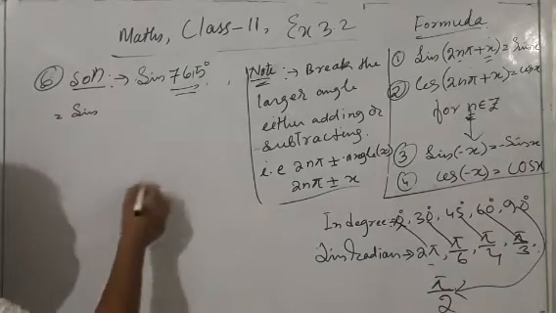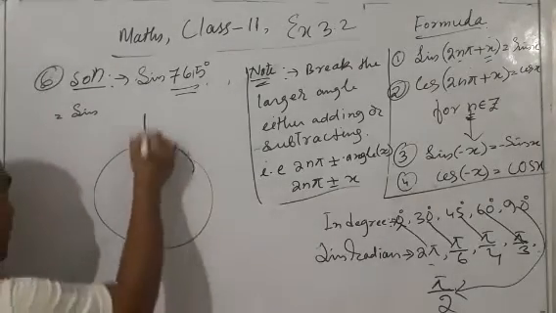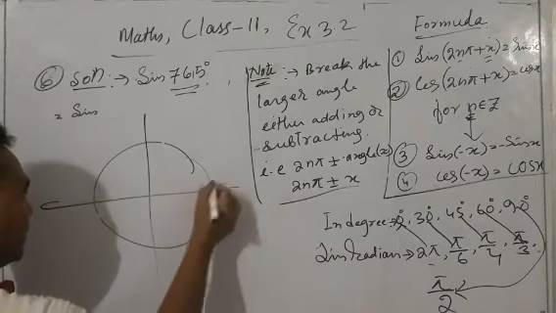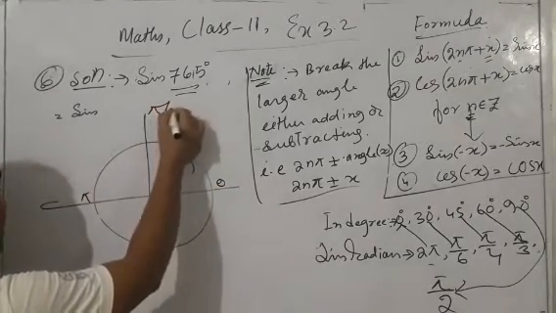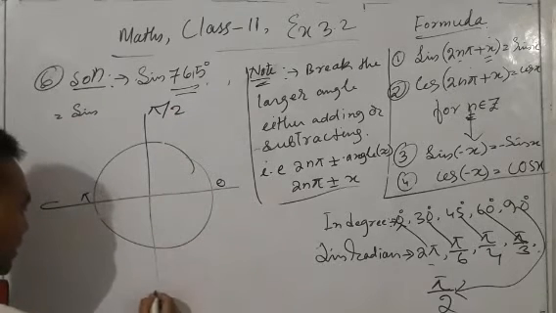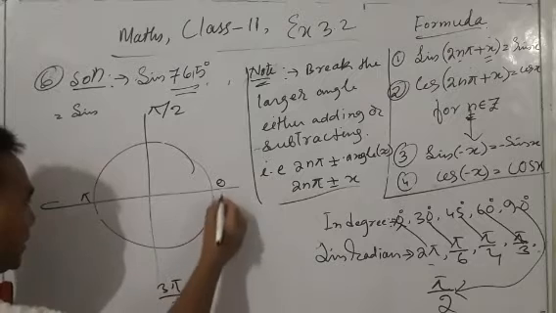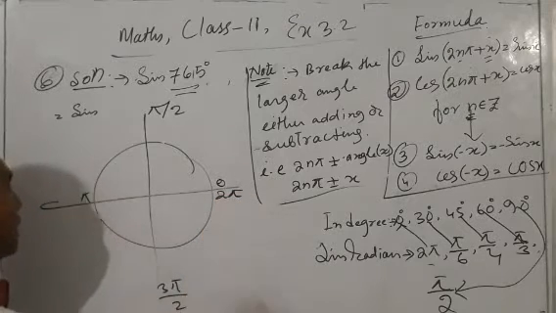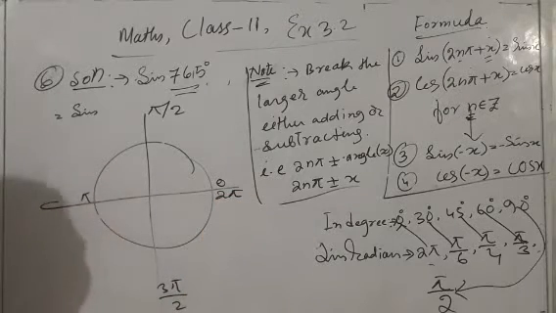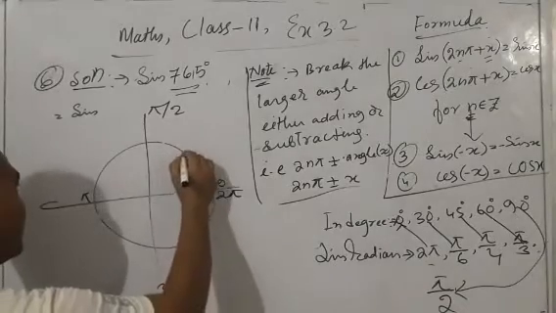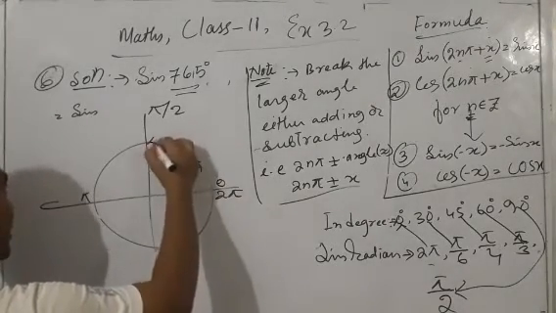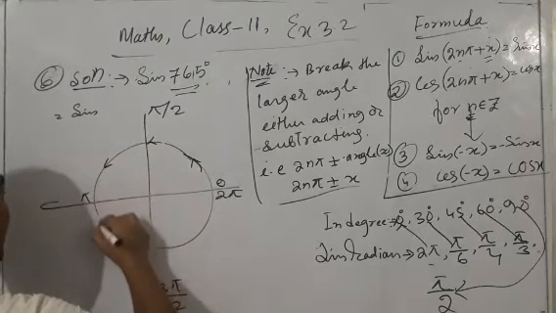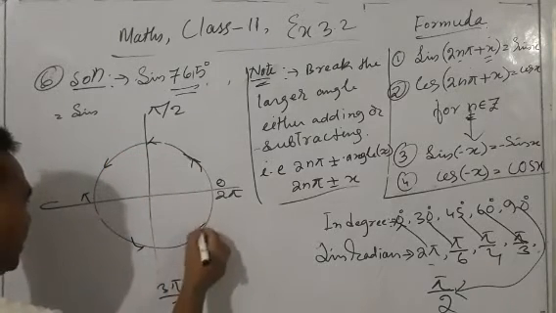Now you see, my dear, this is a circle, yes or no? So this is 0, this is pi by 2, then this is 3 pi by 2, and then this is 2 pi, correct? It is rotating in this way, and keeps on rotating.